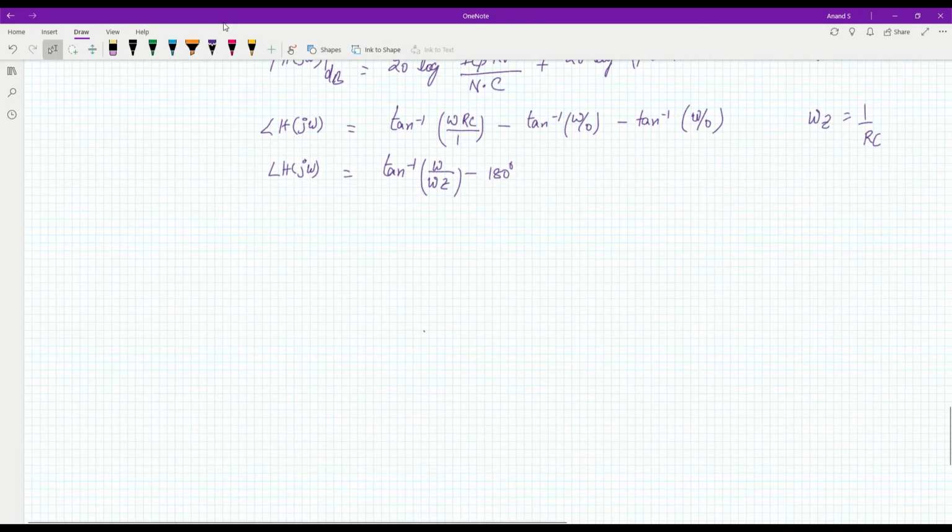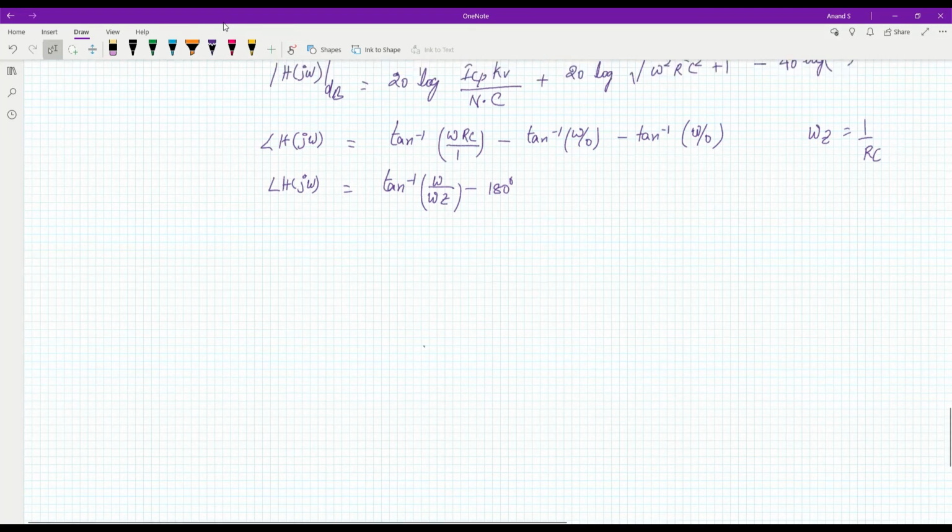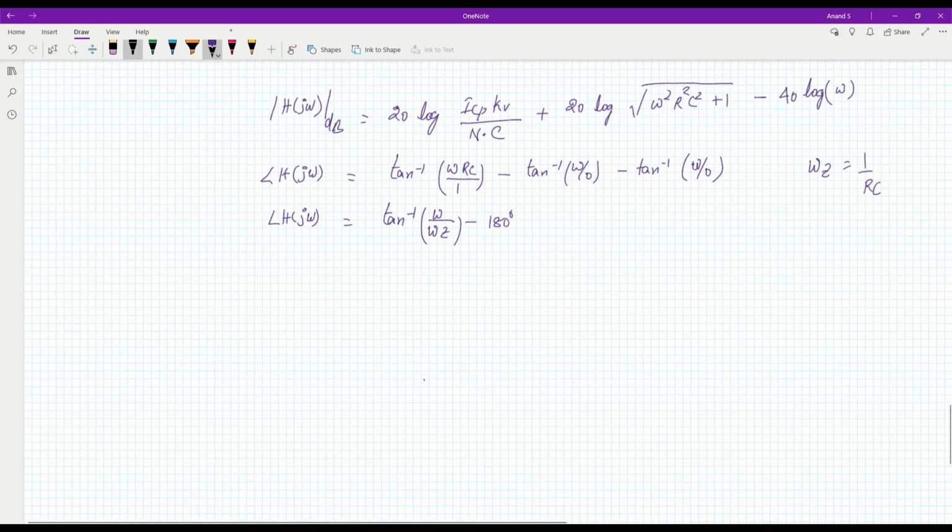Okay, so now let us draw the Bode plot, that is the magnitude and phase plot across different frequencies. Let us first draw the coordinates, where the y-axis is the magnitude of H of j omega and the x-axis is omega.